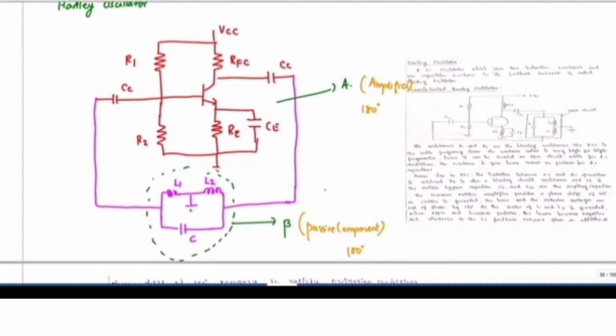A portion of the output voltage is taken from the tapped coil and fed back to the input of the transistor. That is the A part. If the feedback signal and the input are in phase, which satisfies the condition for sustained operation, that is positive feedback. The transistor amplifies the signal and compensates for the energy loss that happens in the tank circuit, preventing the oscillation from dying out.